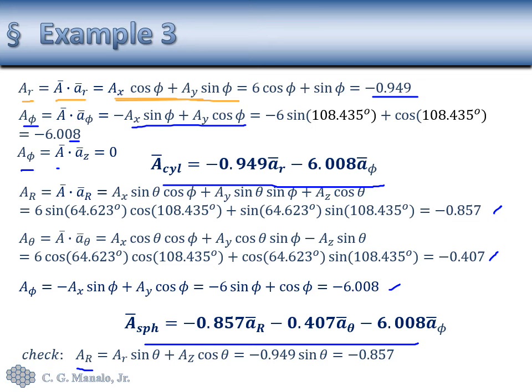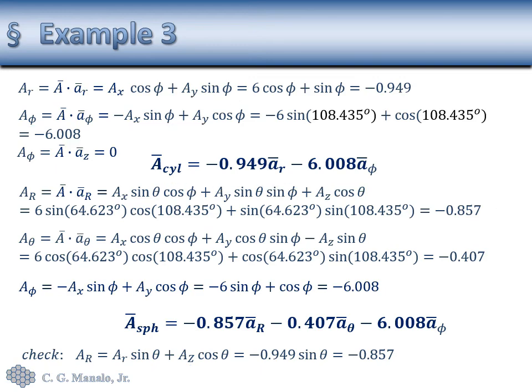So, for example, A sub R here can also be computed using this A sub r, A sub z and the angle theta, so that will give us also negative 0.857, which is actually the same as this one. So that proves that our answer for the spherical coordinates is correct.